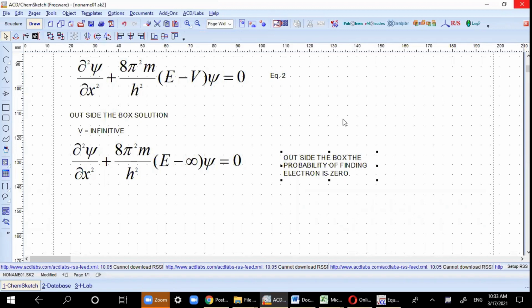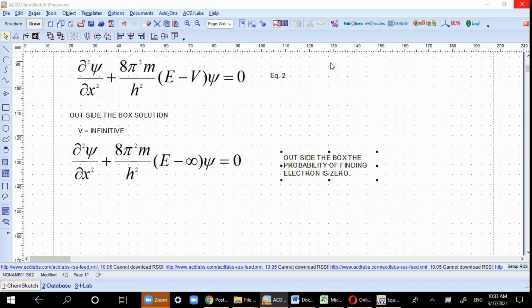Sir, why is the potential energy infinity outside of the box? We are assuming one electron is inside the box, which is finite, not infinite. We are assuming three conditions, and according to those only, the potential energy outside will be infinity.